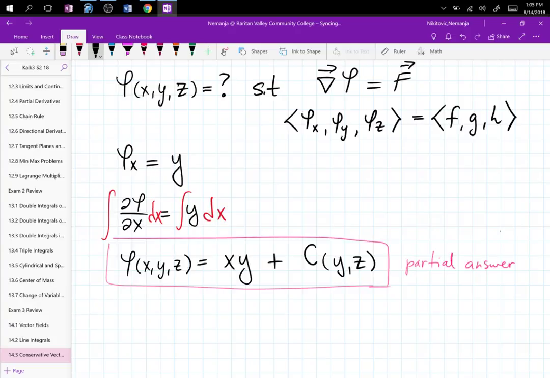The next step is to take the partial derivative with respect to y. We are going to get x plus partial c over partial y.